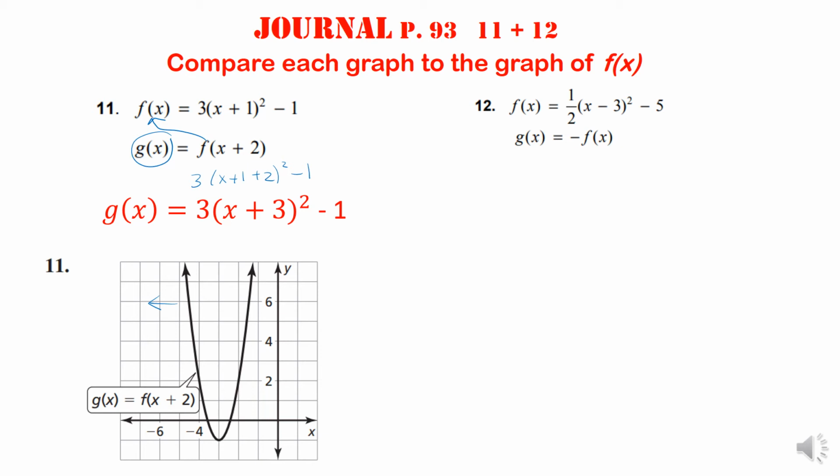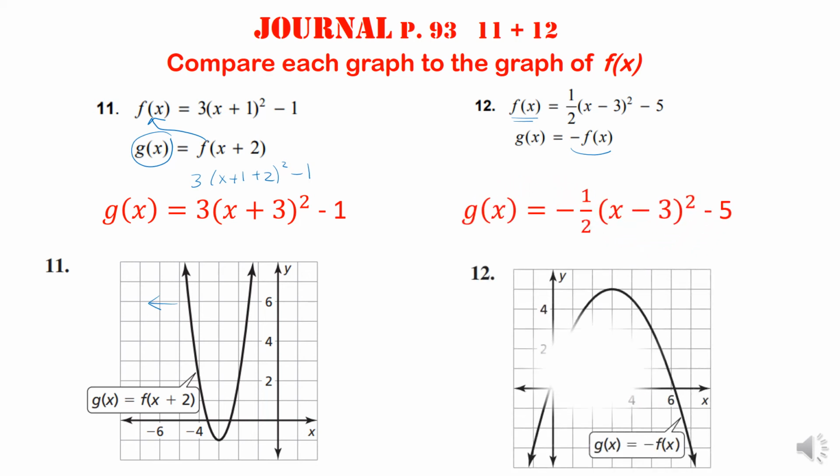Okay, so over here, the only thing that I can see they're comparing to my original function is a negative, which means my new function is going to look like that, and it's just going to be flipped over. Notice that the original graph would have been the opposite, and we just flipped it over there. So all of these changes were already in our original graph. All we did was flip it over.